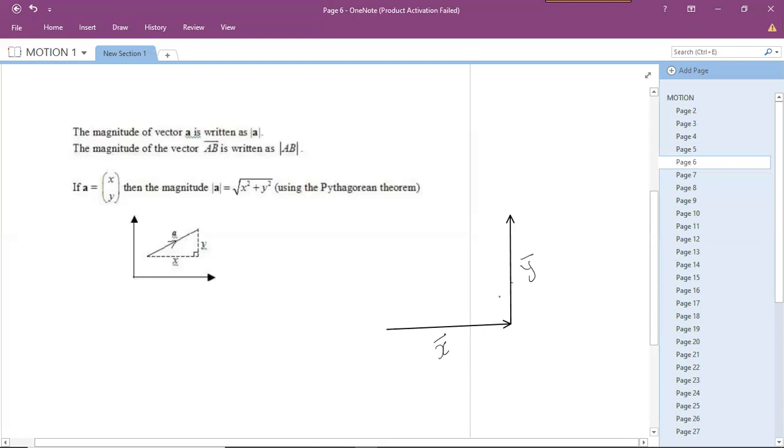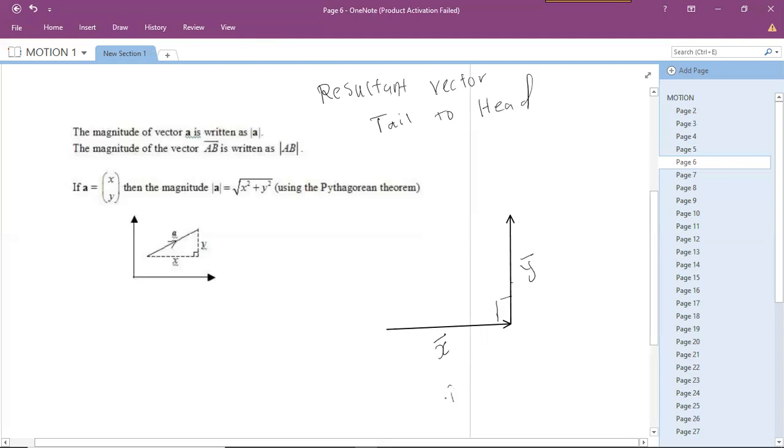Their resultant vector is going to start from the tail of the first vector towards the head of the second vector. So let me write this down here. The resultant vector will start from the tail of the first vector to the head of the second vector.